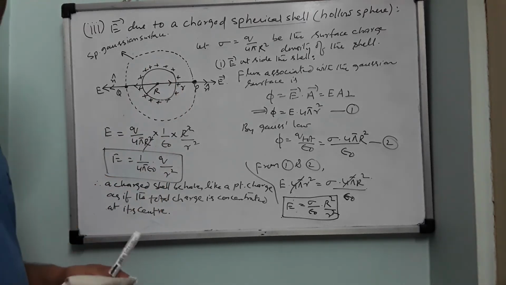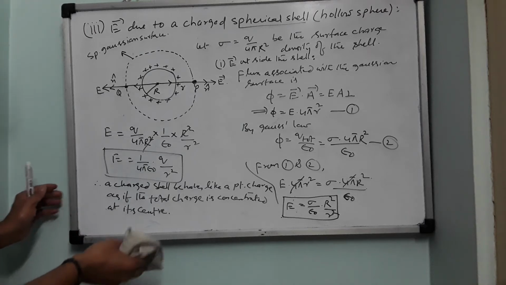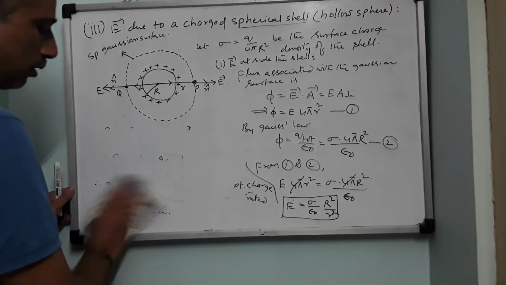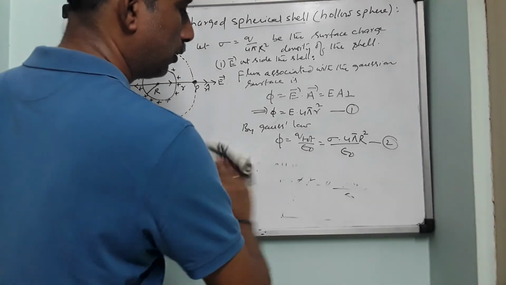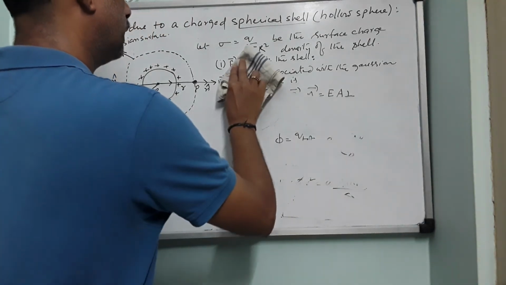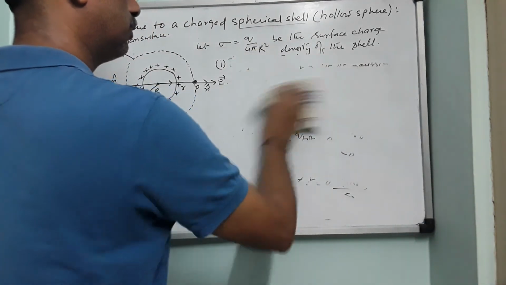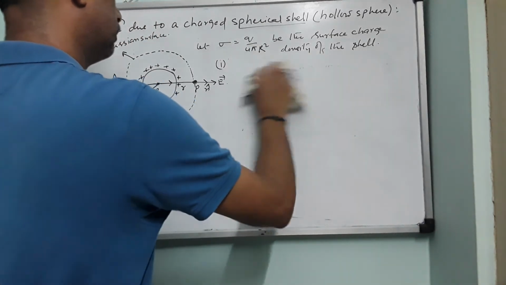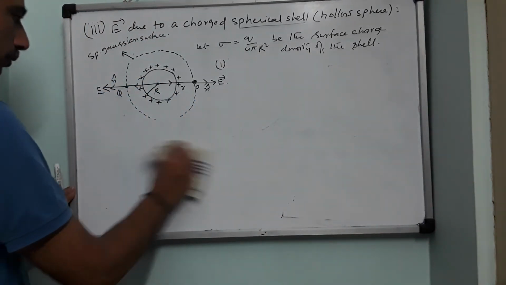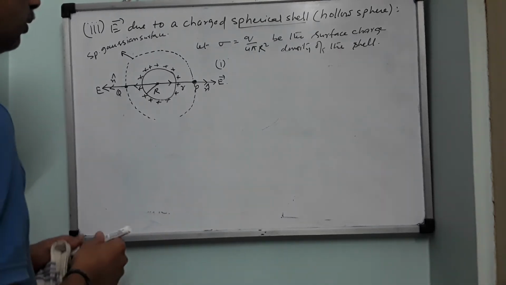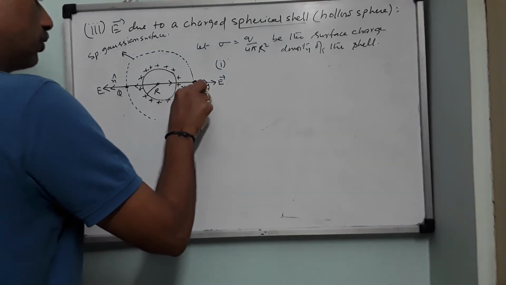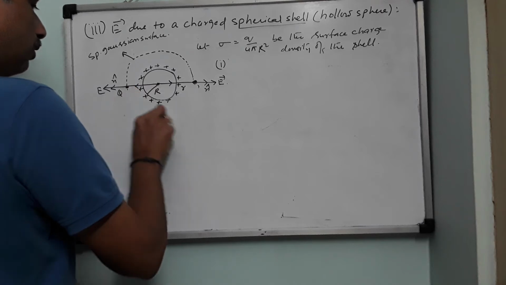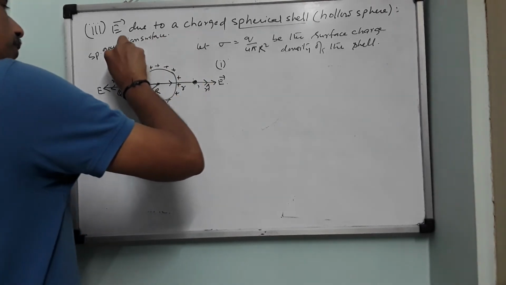Right now, we will move ahead and calculate the electric field on the surface of the shell, whether it can produce electric field on the surface or not. So I remove this. Second case, electric field on the surface. Now this Gaussian surface does not exist. So where is your point of interest?